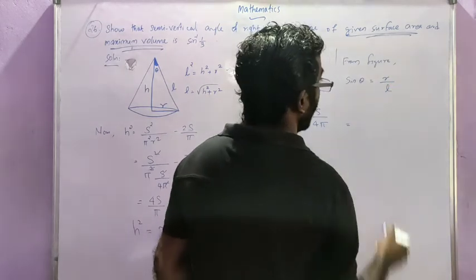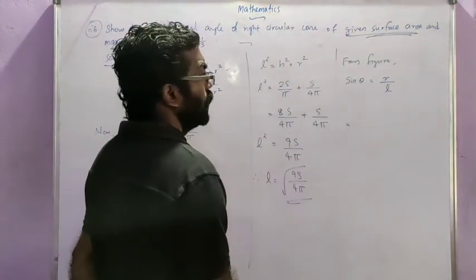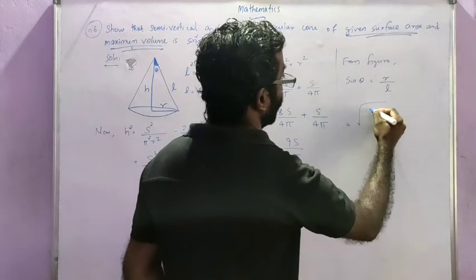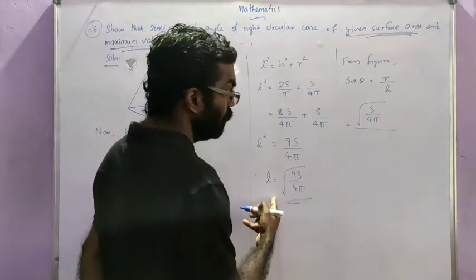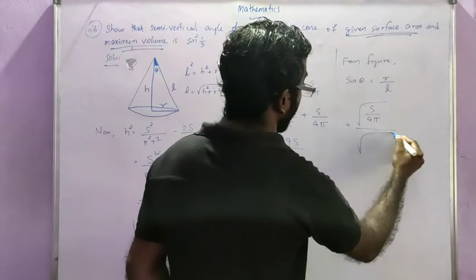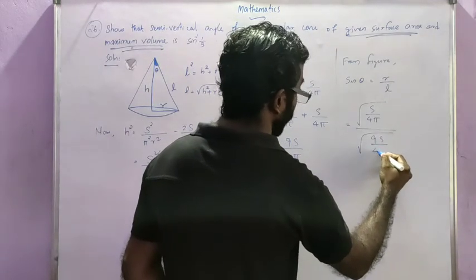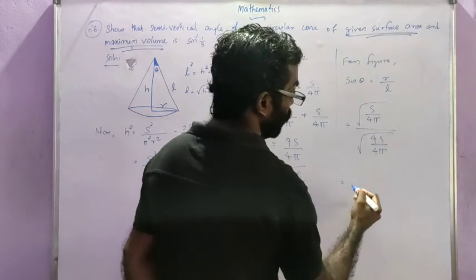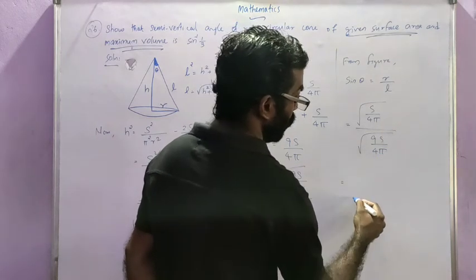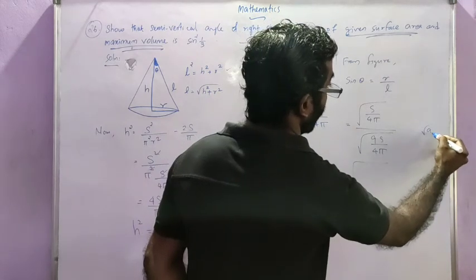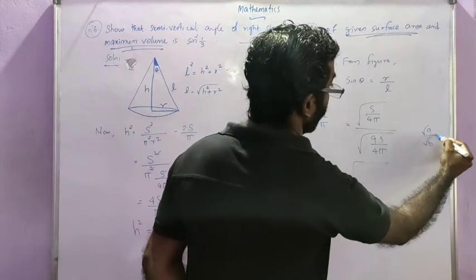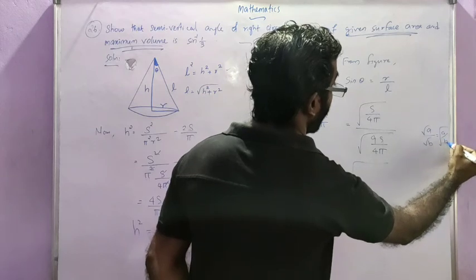Here we can replace the values of r and l. r is root of s by 4 pi and l is root of 9s divided by 4 pi. We can write it in one root. Root a divided by root b can be written as root of a by b.